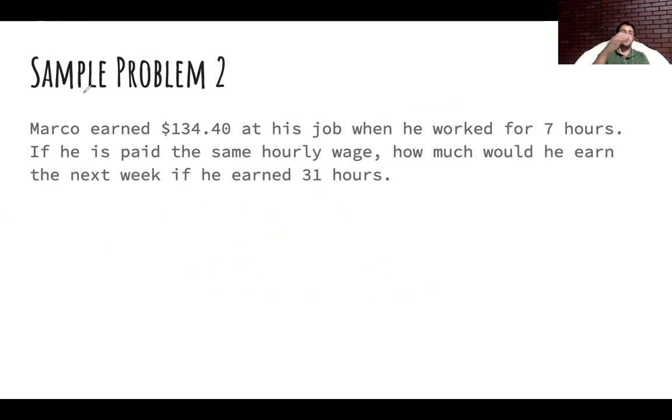All right, sample problem 2. This says that Marco earned 134.40 at his job where he worked 7 hours. And if he is paid the same hourly wage, how much could he earn the next week if he worked 31 hours?